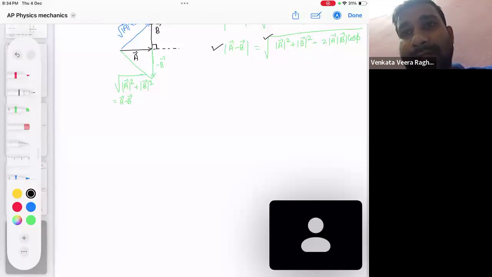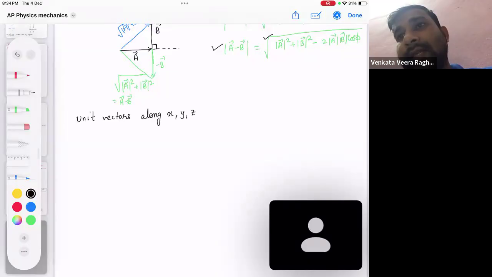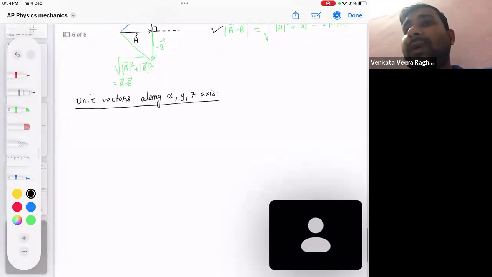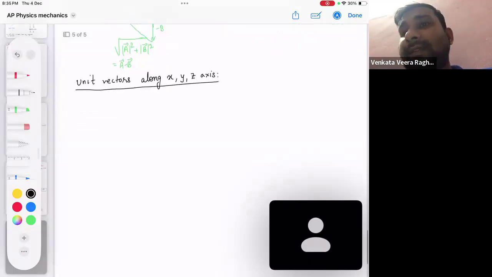So let's discuss unit vectors along the x-axis, y-axis, and z-axis. What is the unit vector along the x-axis, y-axis, and z-axis?